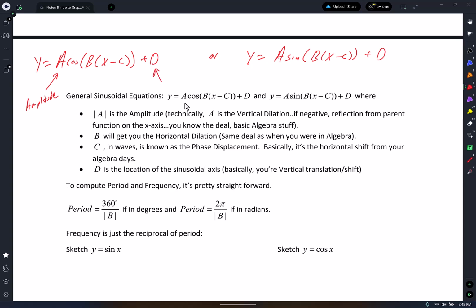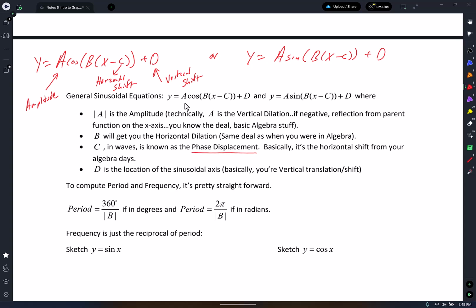This D here on the outside moves your sinusoid either up or down, so vertical shift. This C here moves your sinusoid either left or right, so a horizontal shift. In the math world, they call this a phase shift, or phase displacement.